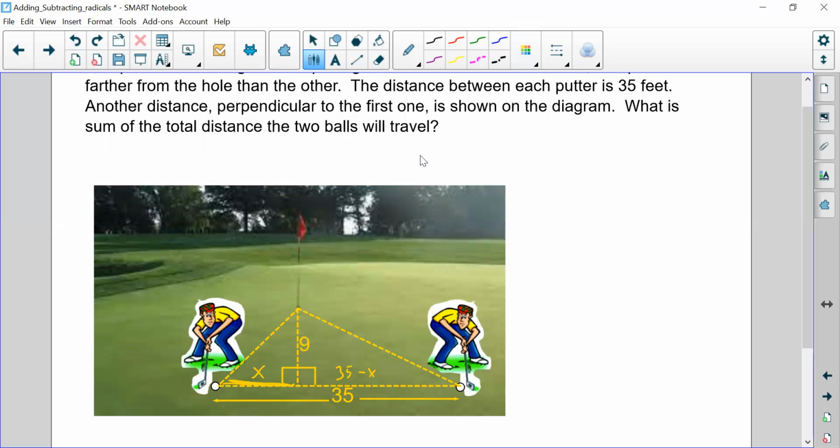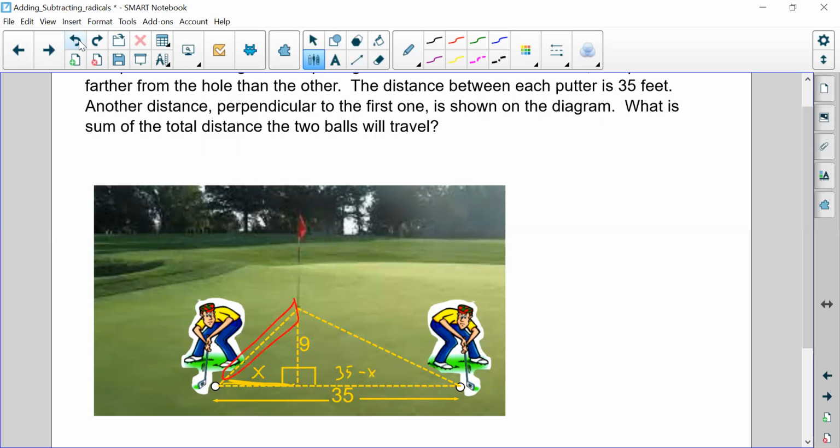That's the hardest part about this problem. You've got this one leg right here, which we're going to call 35 minus x, and the other leg, which is x. If I add both legs together, the x's cancel out, leaving you with just 35. So I'm going to use that information to find both of those hypotenuses.